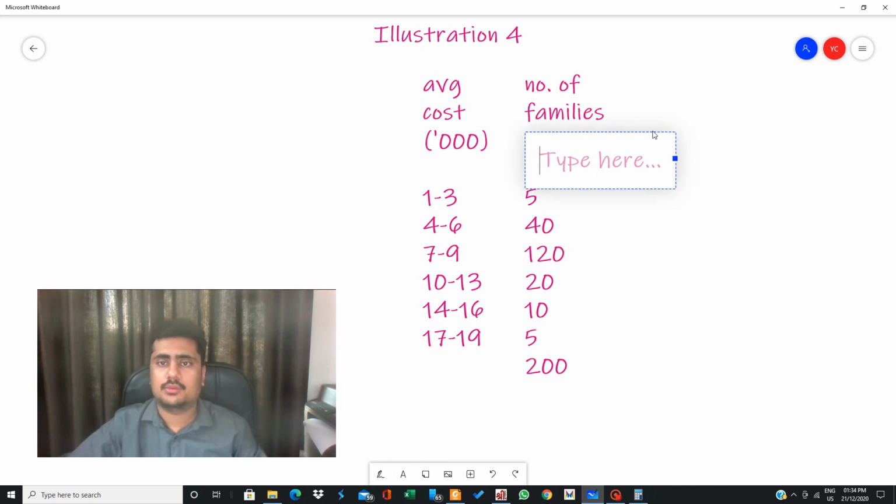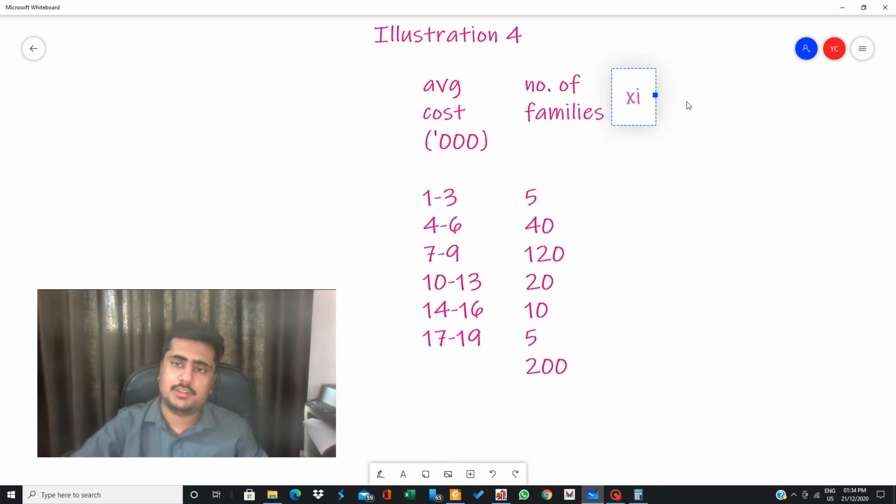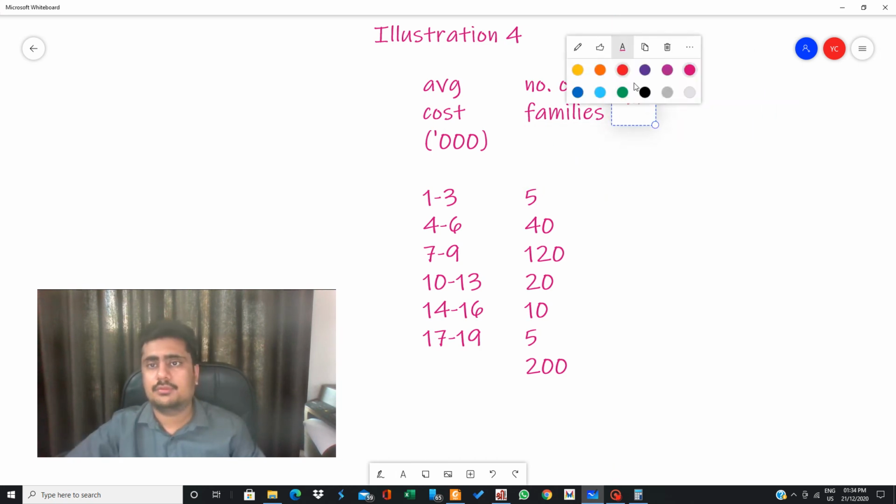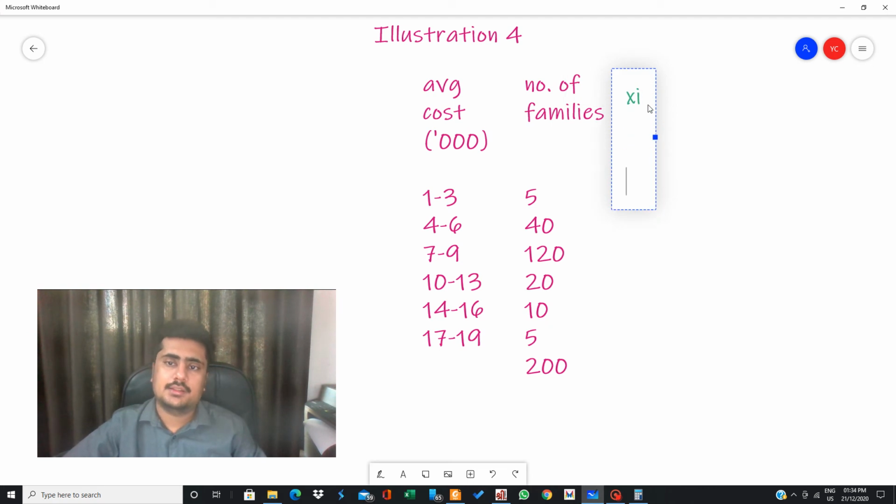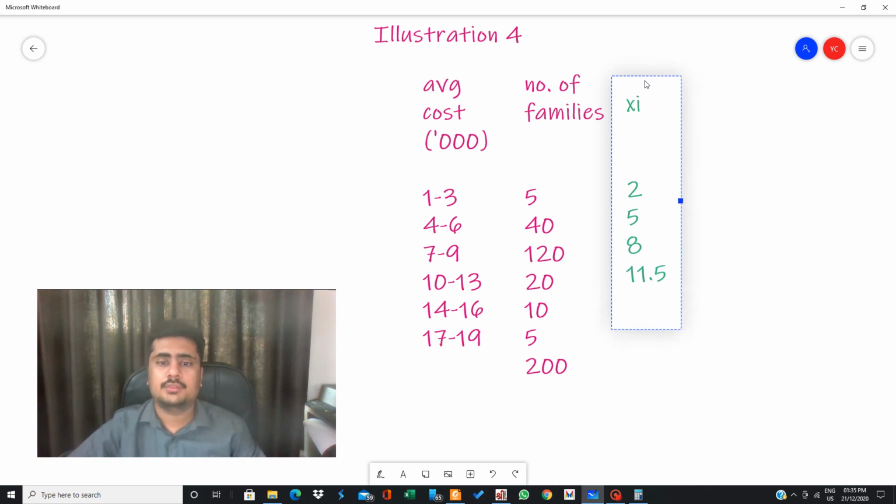So to find mean, you have to find the xi. Now xi is the middle term. For 1 and 3, the mid value is 1 plus 3, 4, 4 by 2, 2. 4 to 6 is 10 by 2, 5. 7 to 9 is 8. 10 to 13, 10 plus 13, 23 by 2, that is 11.5. 14 to 16 is 15.